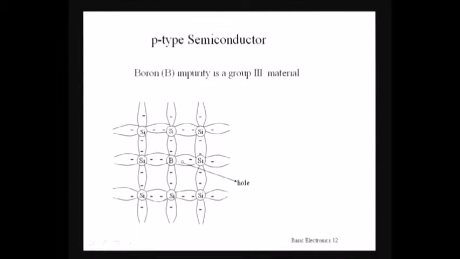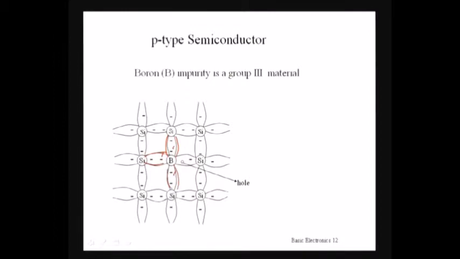Now this boron has 3 electrons in the outermost orbit, so it will complete covalent bonds with neighboring silicon atoms by sharing electrons, as is seen here. So these electrons will form a covalent bond. In this process, 3 covalent bonds are now completed.